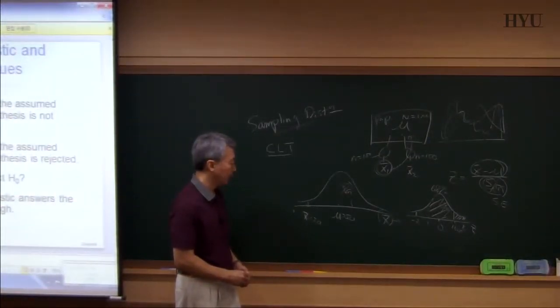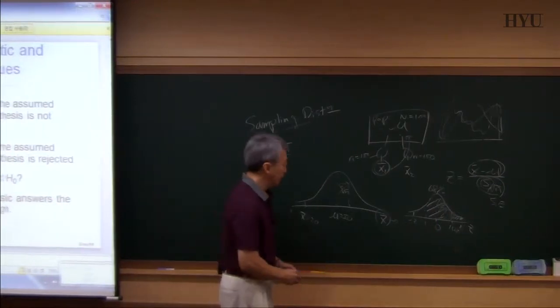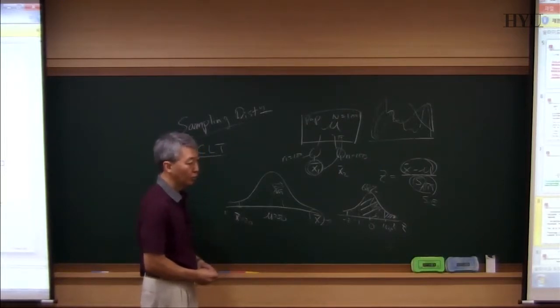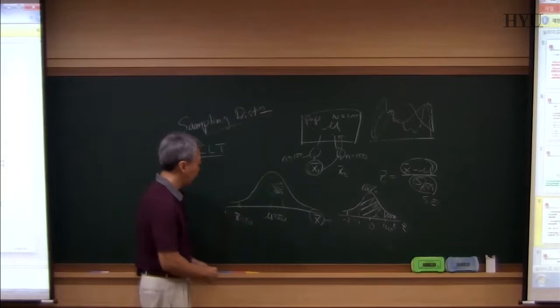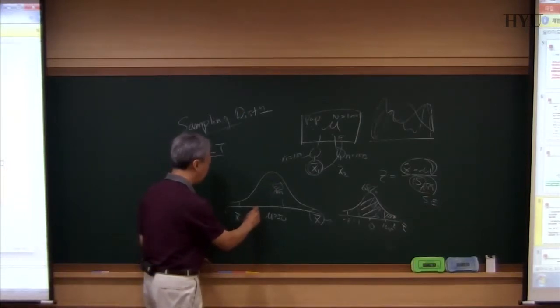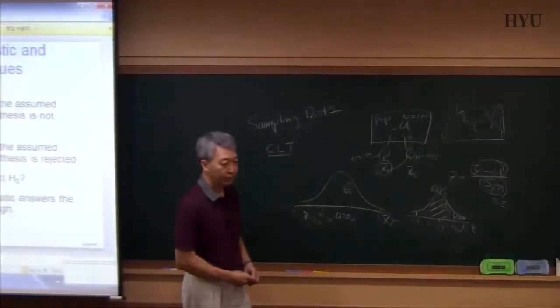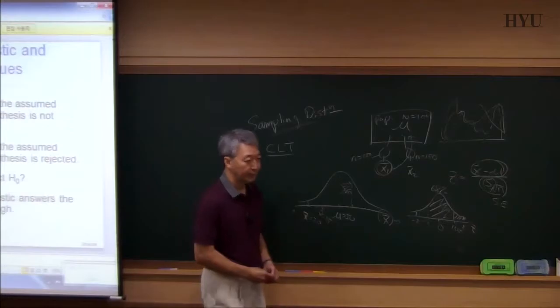Then in all likelihood, you'll probably have to reject the null hypothesis. But the question is, how far is far enough to reject the null hypothesis? What if the sample mean came out to be 35? Should we reject the null hypothesis or not?